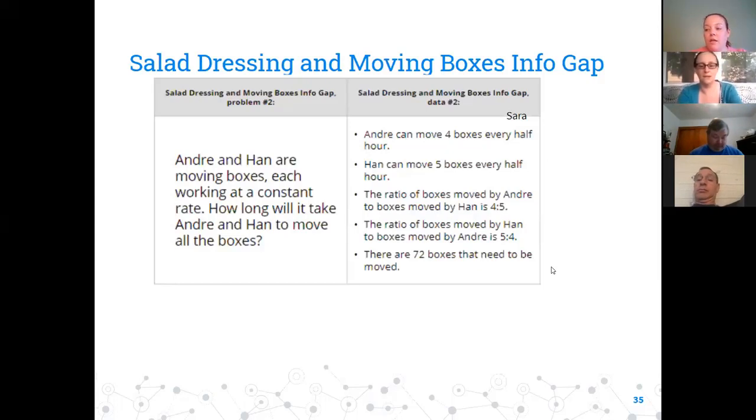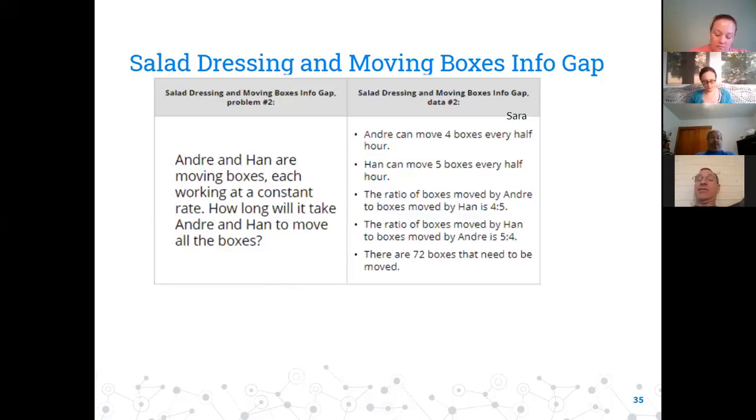So my next question I see is, what rate can they move boxes? My question to you, that came from Lee. So Lee, why do you need that information? I need to know that information because it's asking me how long, which is a function of time, that they can move boxes.